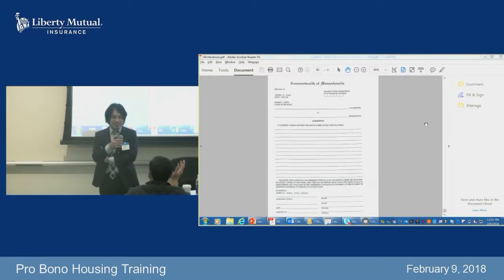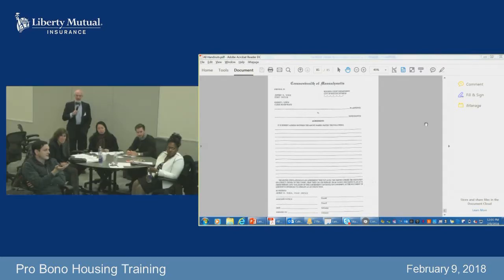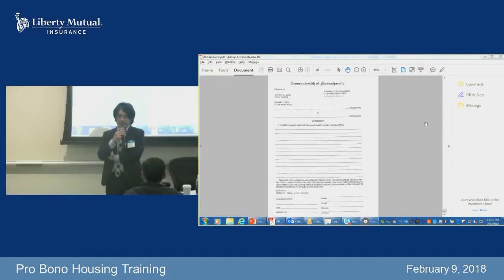How can you make that argument when they're behind on their rent? So you're saying the landlord doesn't have to defend against the presumption? Well, they do for the defense.